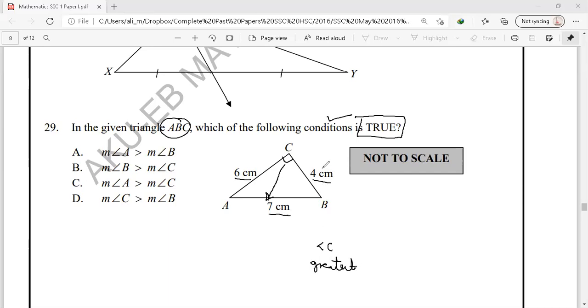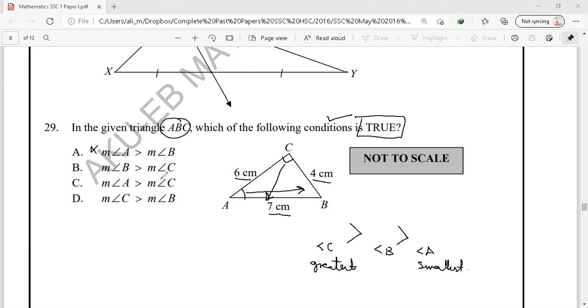while the smaller side is 4, and the angle opposite to the smaller side is angle A. It means angle A would be the smallest angle. The remaining one we have is angle B. This means that angle C is greater than angle B and angle B is greater than angle A. The first option states that A is greater than B, so this is the incorrect one.